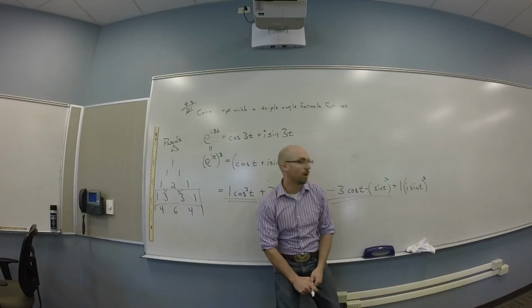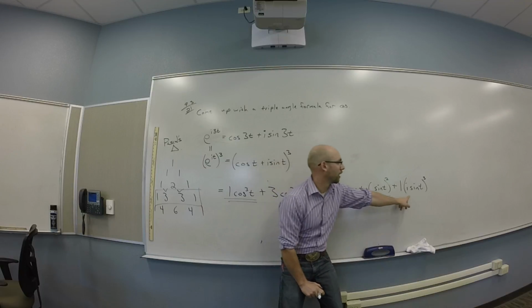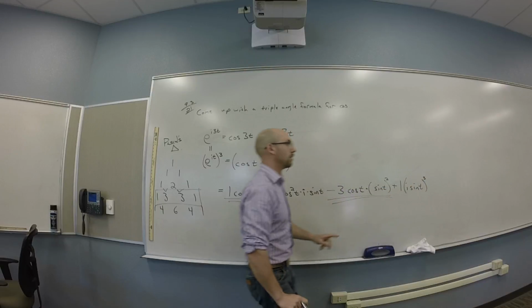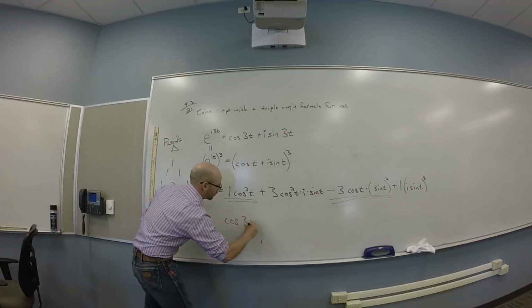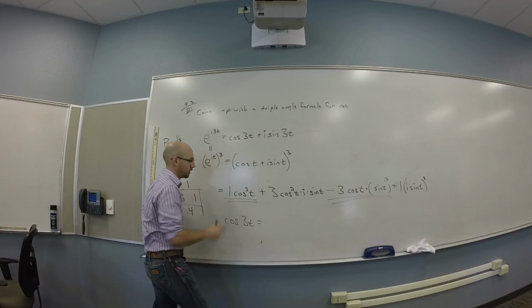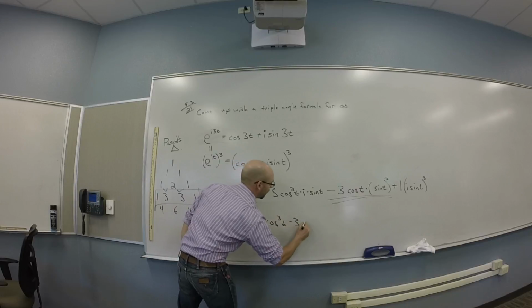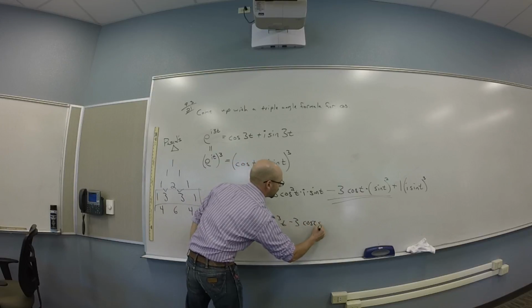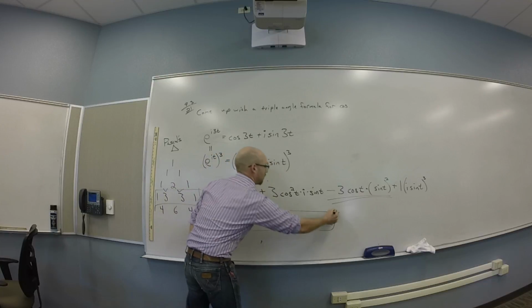What do you get when you cube i? Negative i. You get -i, so that one also has i's in it, right? So the cosine triple angle identity, so cosine of 3t, right, is just cosine cubed t minus 3 cosine t sine squared t. Woohoo. Cool?